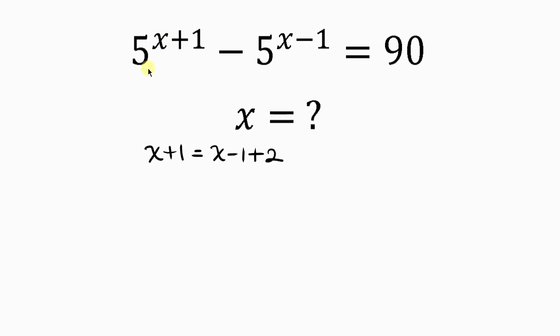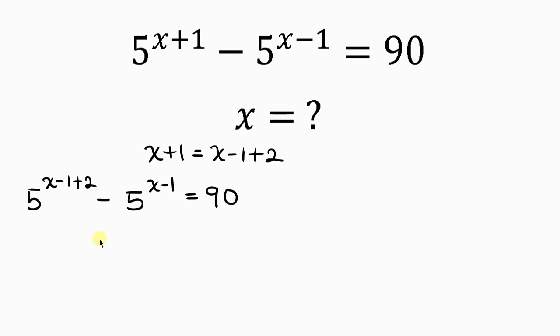So this first term can be written as 5 to the x minus 1 plus 2, so x minus 1 plus 2, which gives x plus 1, minus 5 to the x minus 1. And this is equal to 90.